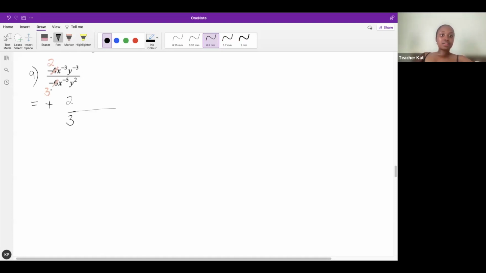Right, we're dividing. How many different bases do we see in this case? 2. We have an x and we have a y. And if we're dividing, what are we going to do with my exponents? Subtract them.